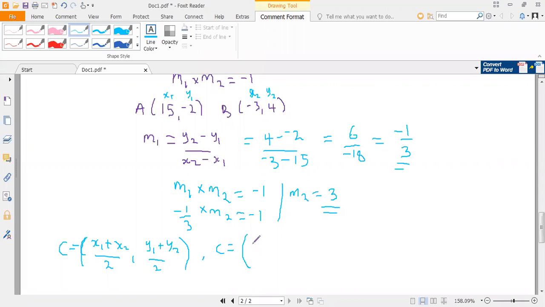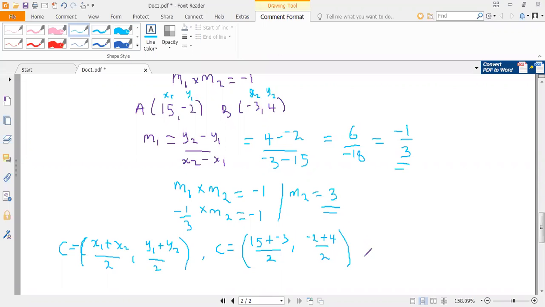If we substitute to find the midpoint, we shall have 15 plus negative 3 divided by 2, and then negative 2 plus 4 divided by 2.